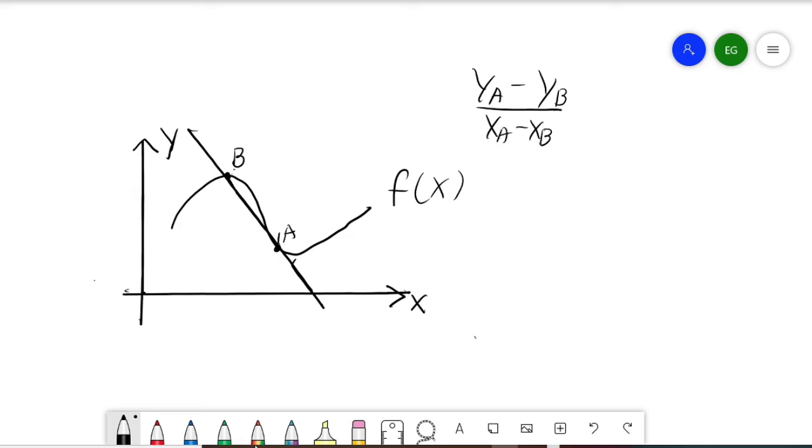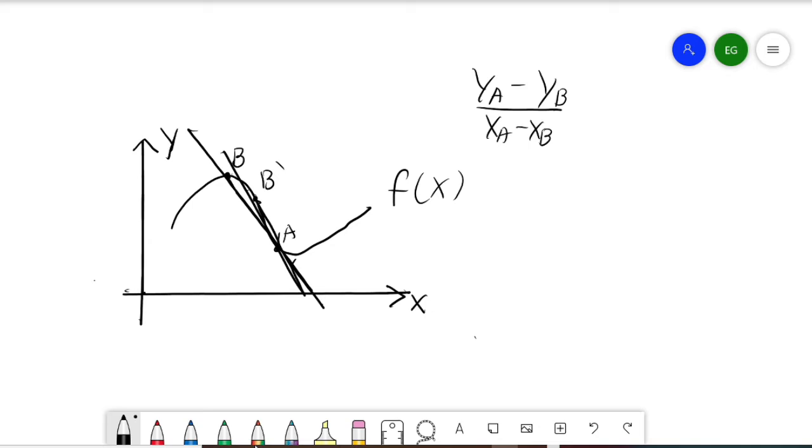Now, here is what we are going to do. We're going to take B and move it on the function closer and closer to our point A. So if B were suddenly here, so we'll call this B prime, the next point of B, then the line would have been something like this, and the slope would change.